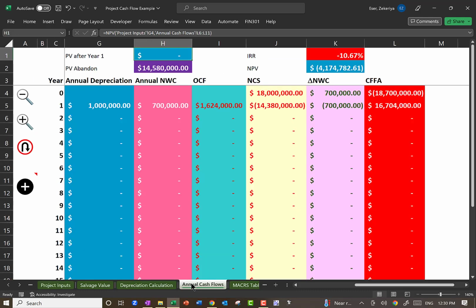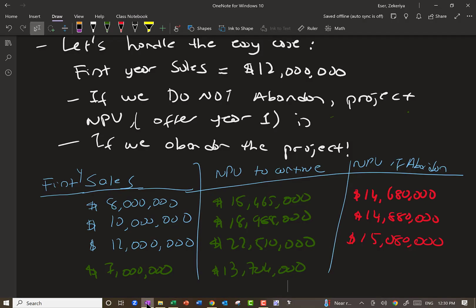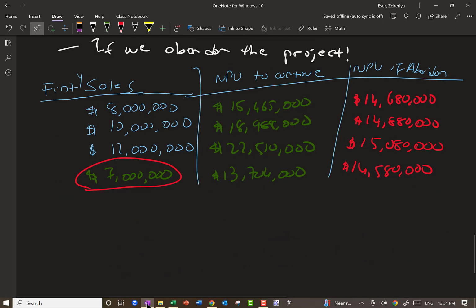PV to abandon is 14,580. So if instead of 812, suppose I was doing 813, okay? 810, oh, 710, 13. If the sales were actually $7 million, what would be your decision? Abandon.